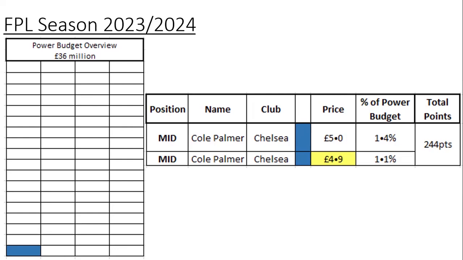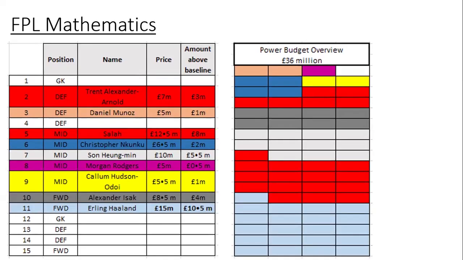If you brought in Cole Palmer for 5 million last season, he would have taken up 1.4% of the starting power budget. Cole Palmer had a price drop at the start of last season, and if you brought him in for 4.9 million, he would have only used up 1.1% of the starting power budget. So value can be found in baseline players.